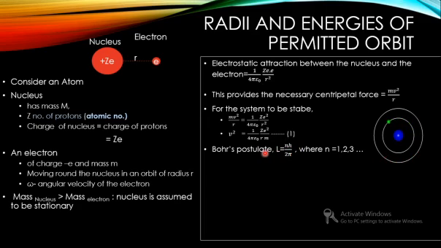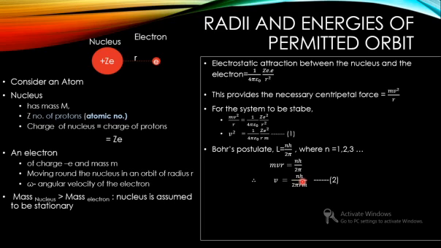So the angular momentum, expressed as mvr or m omega r squared, which is the same as mvr, is given by nh by 2 pi as per the condition of Bohr. Now from this we have v as nh by 2 pi, with m and r in the denominator. So we can substitute this equation into our first equation.